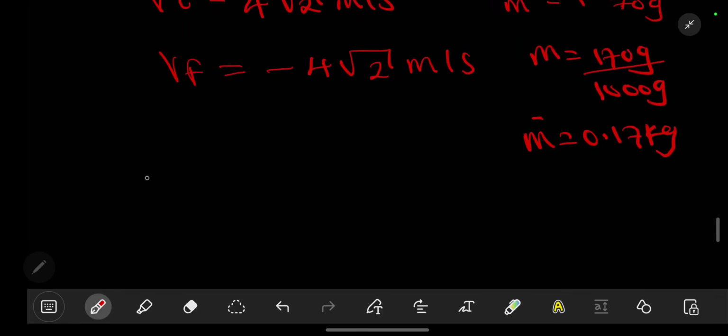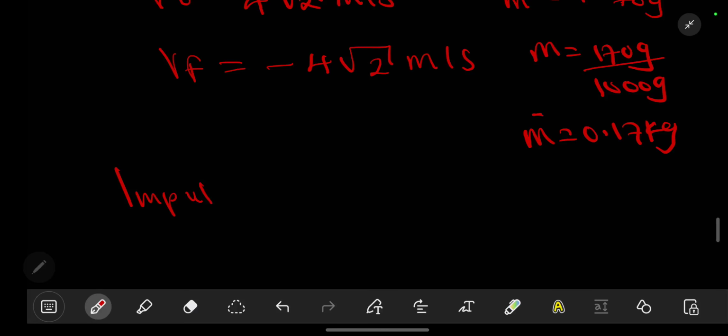So we can replace. We have said that the impulse is equal to mass, open brackets, final velocity minus the initial velocity.